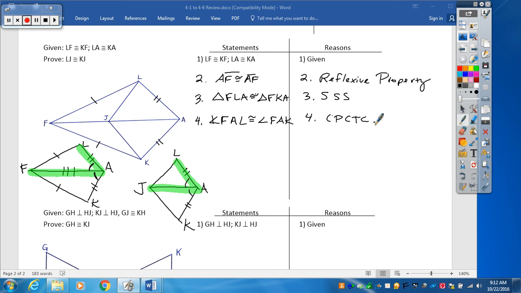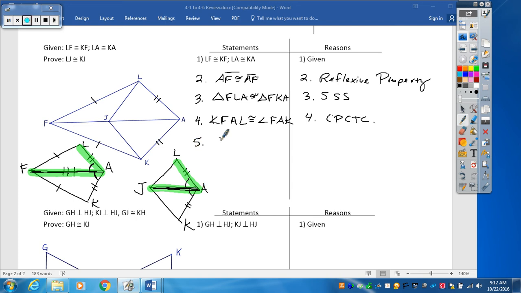Corresponding parts of congruent triangles have to be congruent. Now, some of you may have made this mistake, and if you did, I completely understand. This segment right here is congruent to itself by the reflexive property. You may have thought that since we proved that segment congruent, I don't have to prove this segment congruent to itself. The problem is that JA is not the same as FA, so you still have to prove JA congruent to itself.